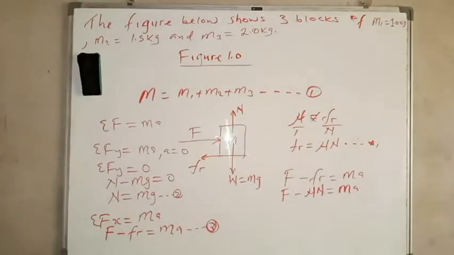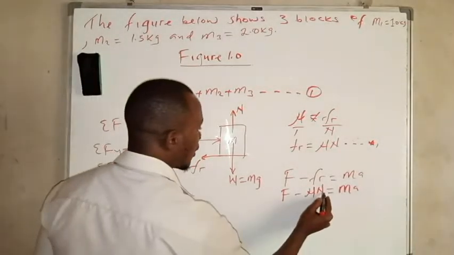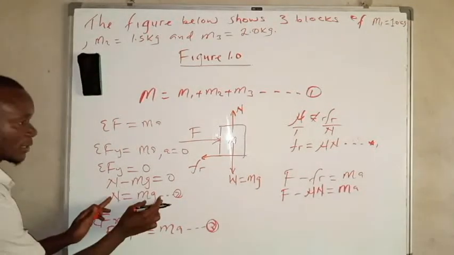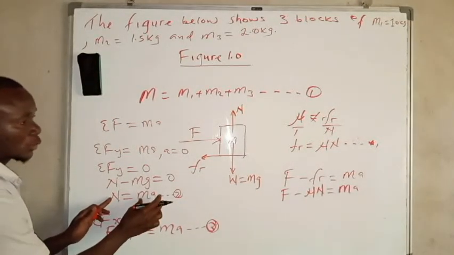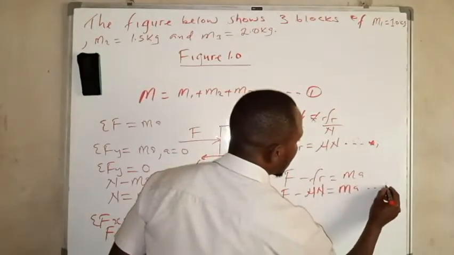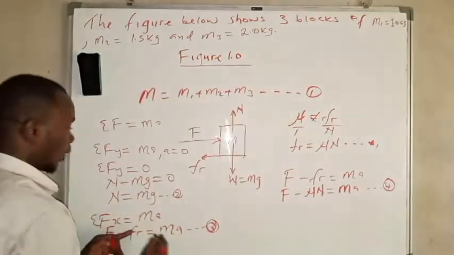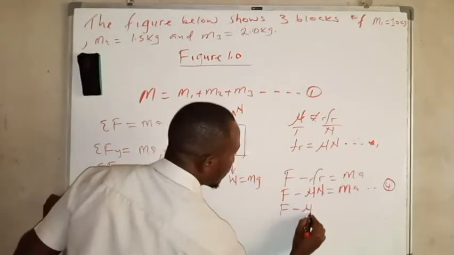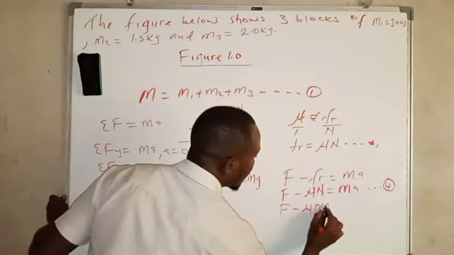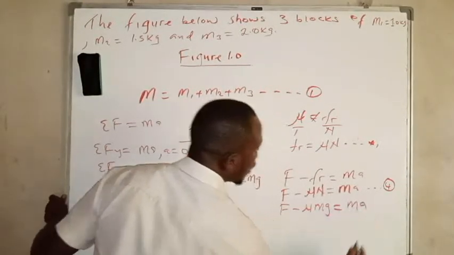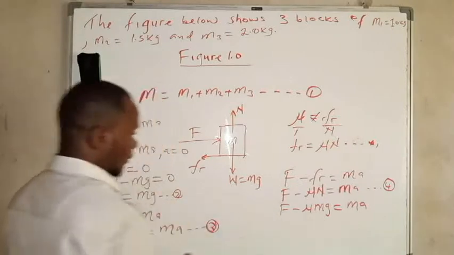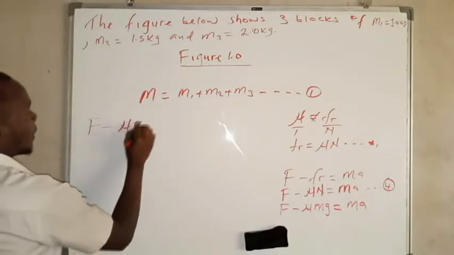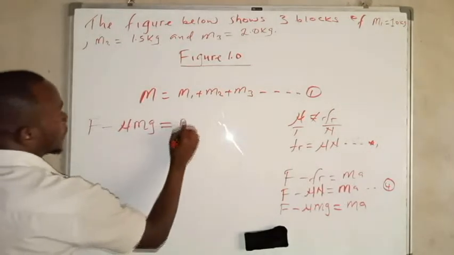Let us call this equation number 4. From equation number 2, the normal force is equal to the weight, mg. So putting equation number 2 into equation number 4, we have F minus mu mg is equal to ma.